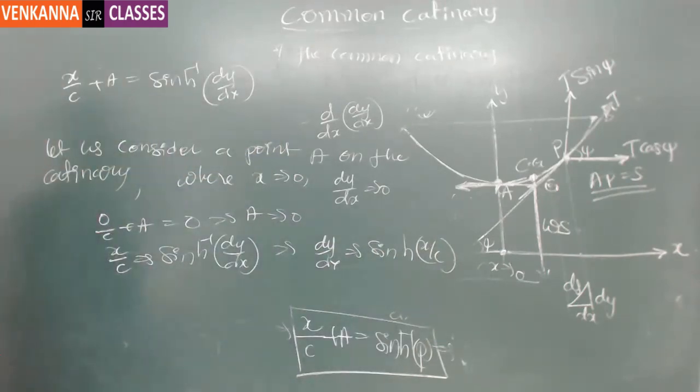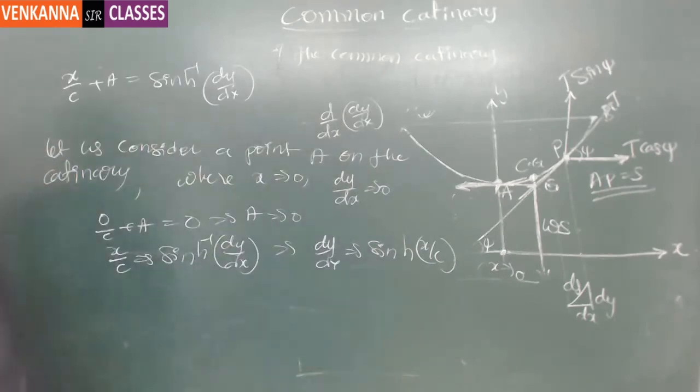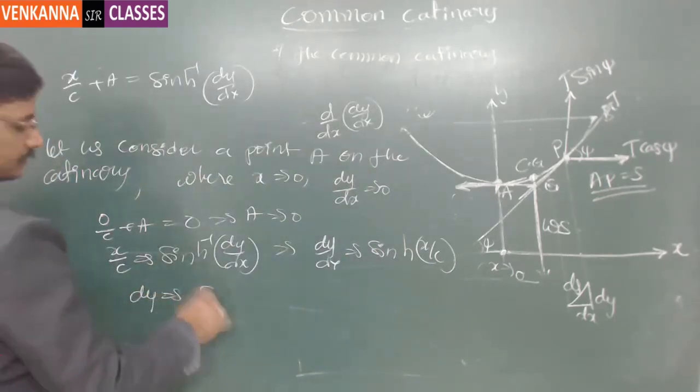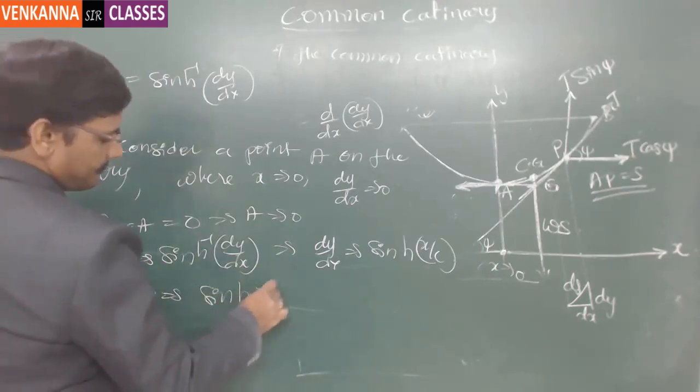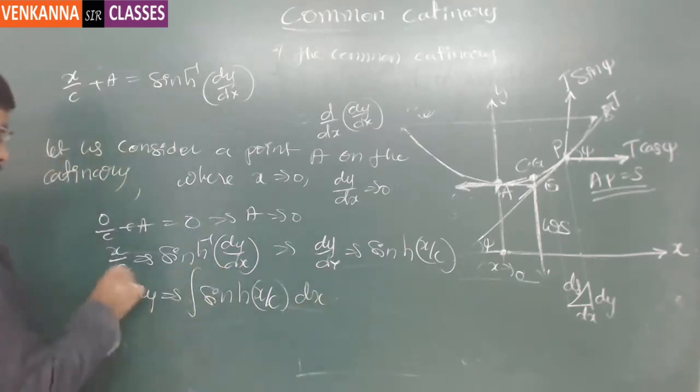Now you have to find the integral of this, so that you establish the relation between x and y. So dy is equal to sinh x by c into dx. Now you integrate it.